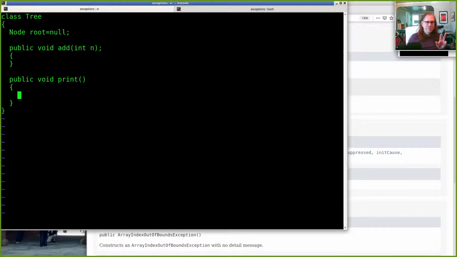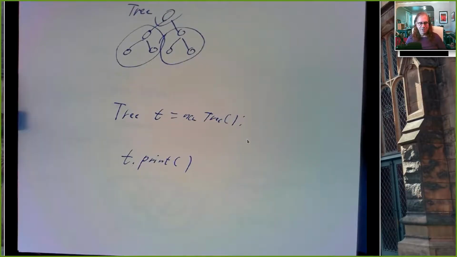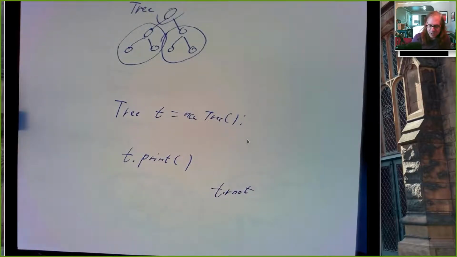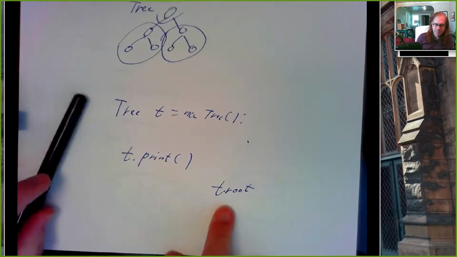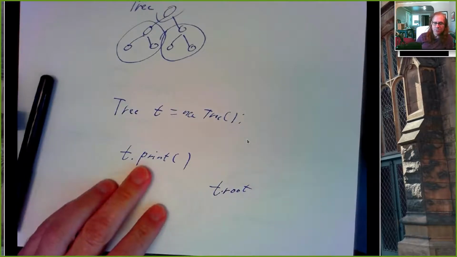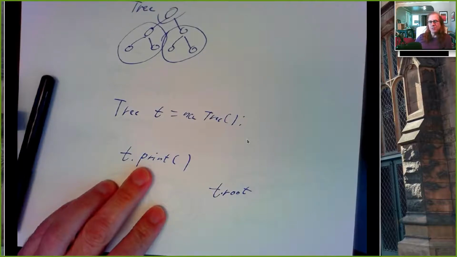Okay, this is a fundamental kind of schism. So this is our tree class. So T right here is going to be a tree, but t.root is not a tree, it's a node. And this is different from 222. In 222, a root was a node, the root's left subtree was a node, the root's right subtree was a node. The handle that we used to get a hold of our tree was a node.